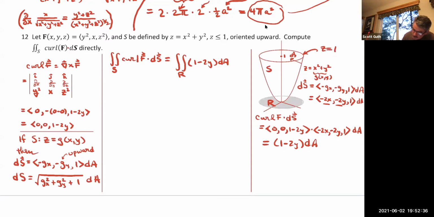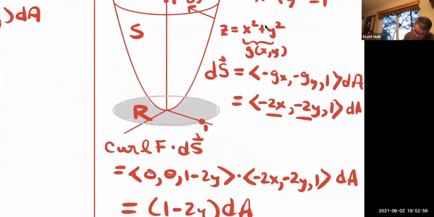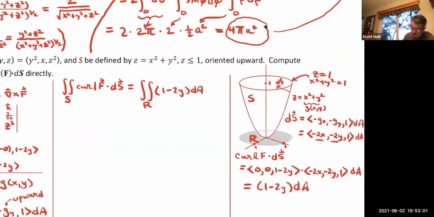So the circle is x squared plus y squared equals 1, just the intersection of z equals x squared plus y squared and z equals 1. We can put a little 1 down here as the radius of the circle. And that's just the shadow of this surface down in the xy plane. Circle of radius 1.